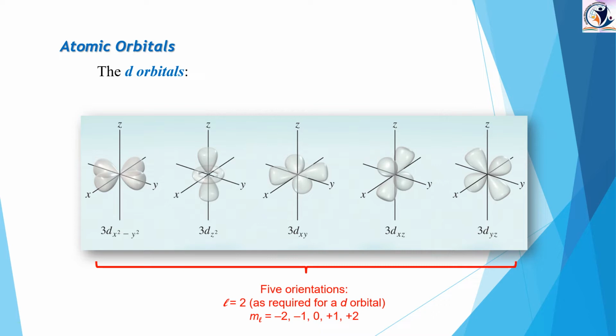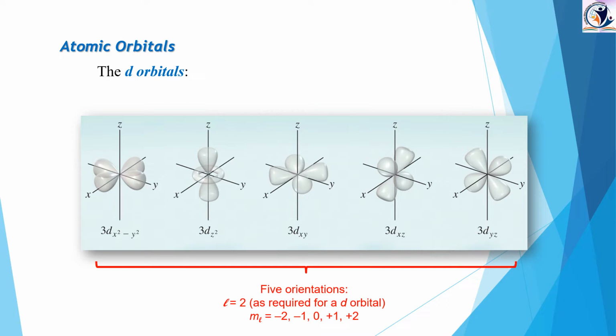So these are the orientations having these values: 3d x square minus y square is having -2, 3d z square is having -1, 3d xy is having 0, 3d xz is having +1, and 3d yz is having +2. These 5 respectively belong to the d orbitals.